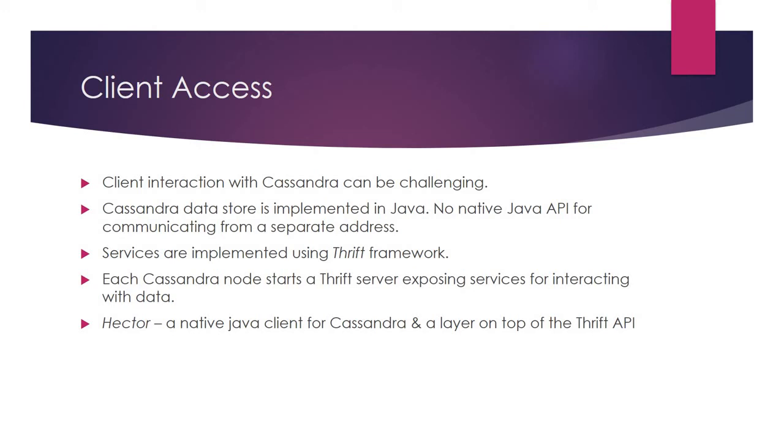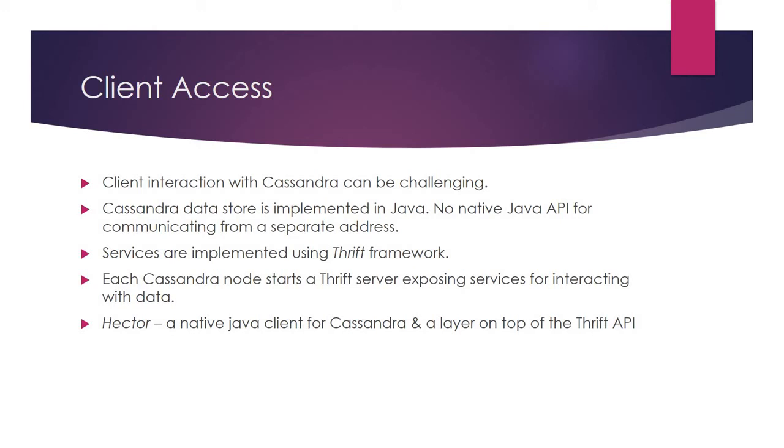What Cassandra does instead is implement services using something called the Thrift API. Each node in Cassandra starts a Thrift server exposing all its services for interacting with the data for the client.